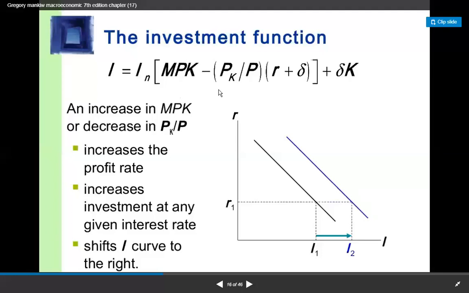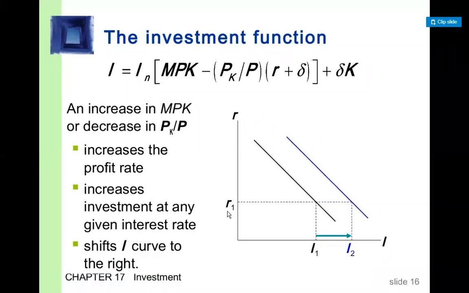Higher profit rate causes investment to increase, to shift the investment curve upward. Thus, at a given interest rate, as MPK increases, profit rate increases, which shifts the investment curve upward at a given interest rate. You can see, the investment curve shifts up. That is the point.